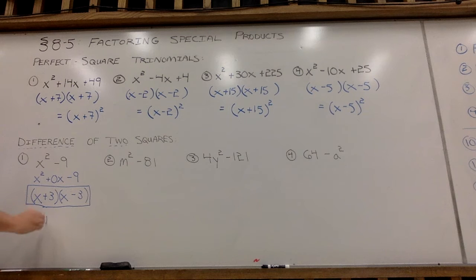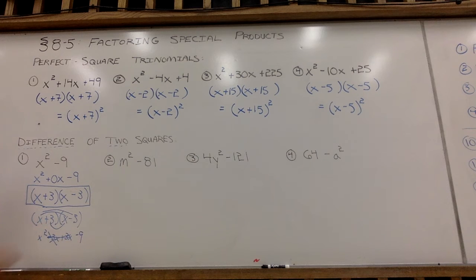And I'll prove it to you by doing FOIL: x times x, x squared, x times negative 3, negative 3x, 3 times x is 3x, 3 times negative 3, negative 9. So the negative 3x and positive 3x cancel out, and I'm left with x squared minus 9.